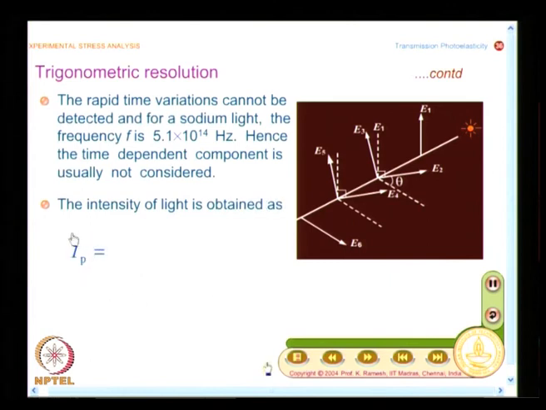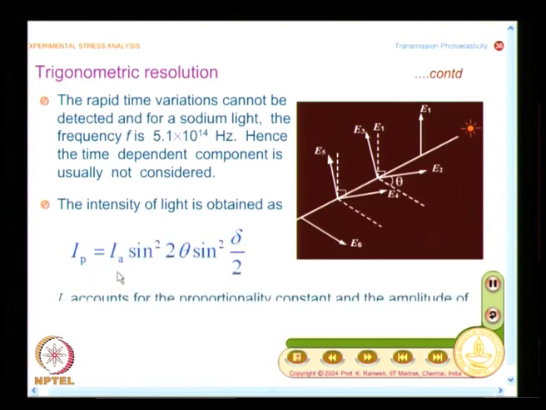And I label this as IP, the P denotes it is a plane polariscope, and I get the final expression as IA sin square 2 theta sin square delta by 2. So, with very simple mathematics we have been able to find out the intensity of light transmitted in a plane polariscope when a model is kept loaded.